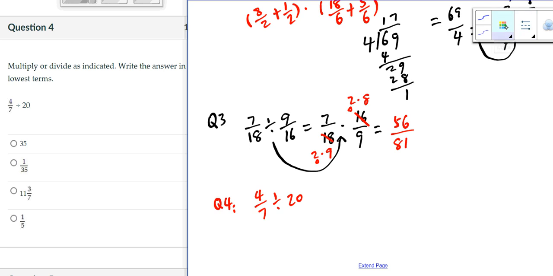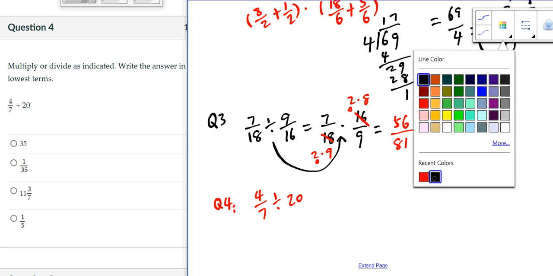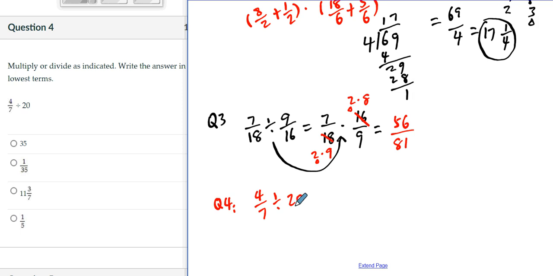Remember, 20 is what? 20 is 20 divided by 1. Everyone agrees. And then you flip that. 4 over 7 times 1 over 20.